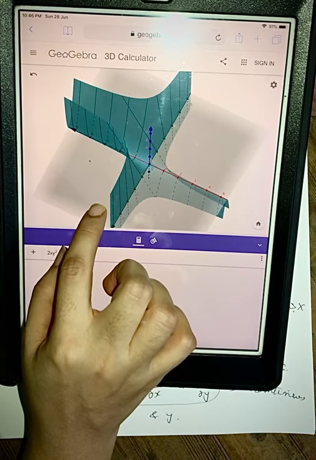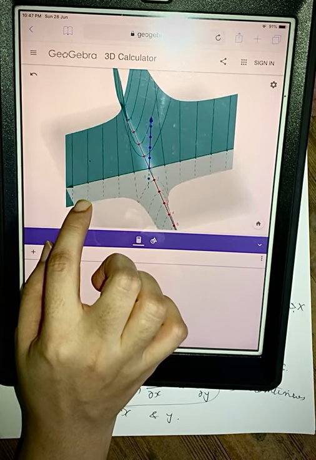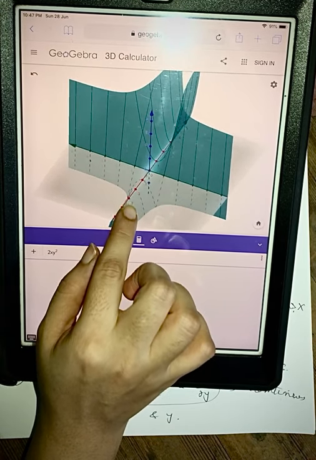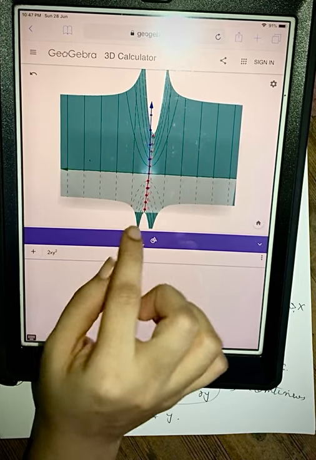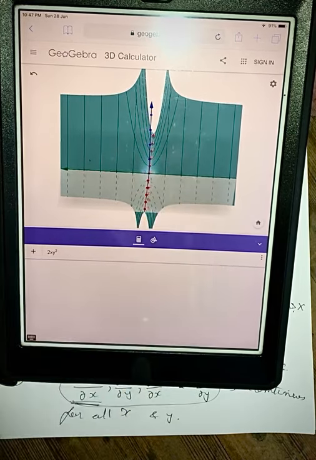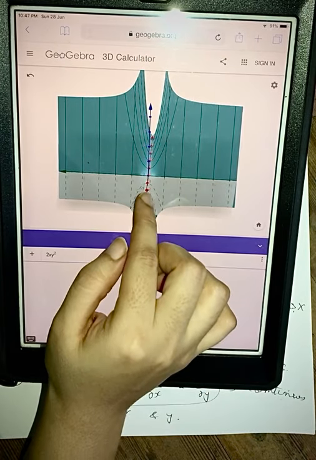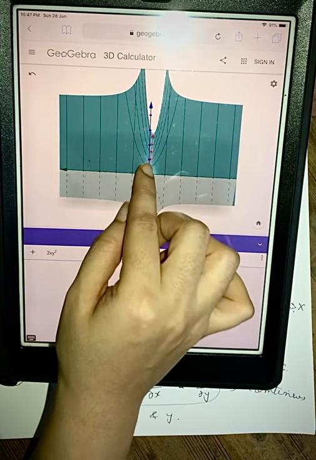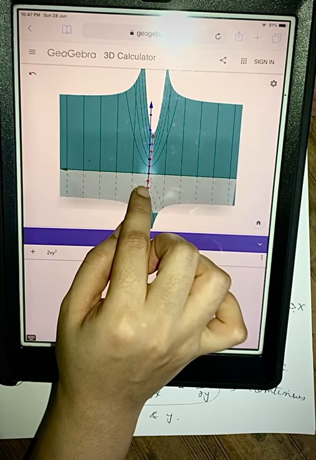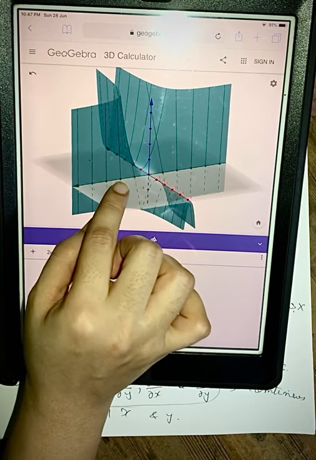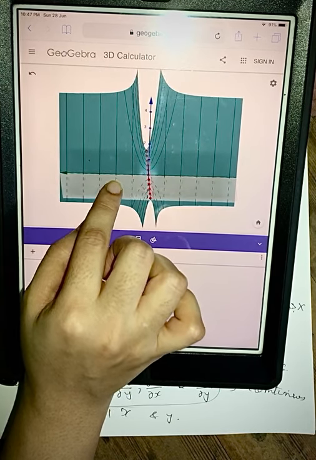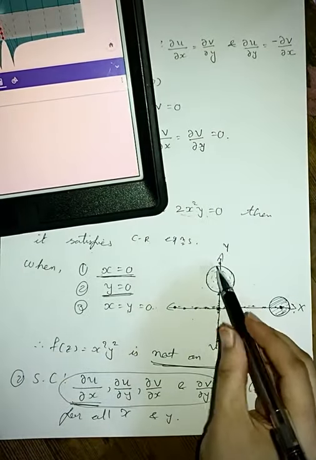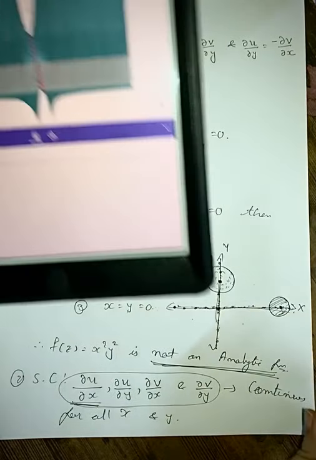You can also observe one more thing here: if you look into the region near the coordinate axis, this red axis, around the coordinate axis region you will see there is some continuity, there are no breaking parts, and therefore we found that CR relations are true near these coordinates, because there you see the continuity.